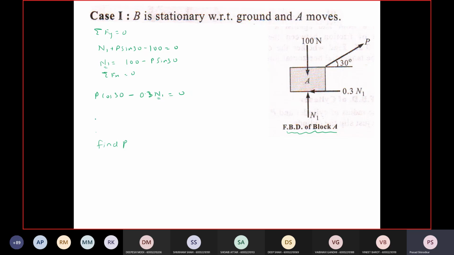Alright, so let me write the equation: P cos 30 minus 0.3 into (100 minus P sine 30) is equal to 0. Here we consider the first case where B is stationary with respect to the ground and only A moves.